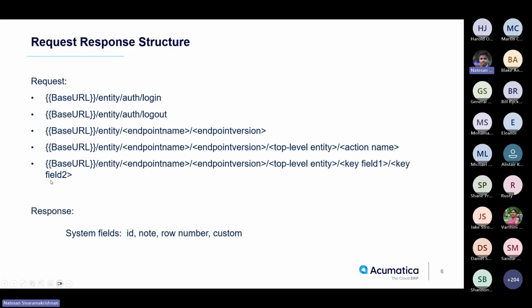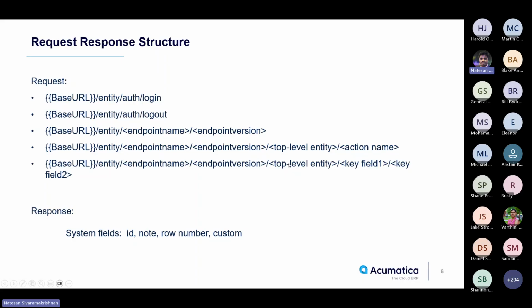and moving forward, some samples of frequently used requests are like the base URL, that is the Acumatica instance URL, followed by the entity keyword, and we access the auth endpoint to perform the login logout, and to manipulate the data we access any of the endpoints, either a system endpoint or a custom endpoint, and use the endpoint version and mention the entity that we wanted to access.